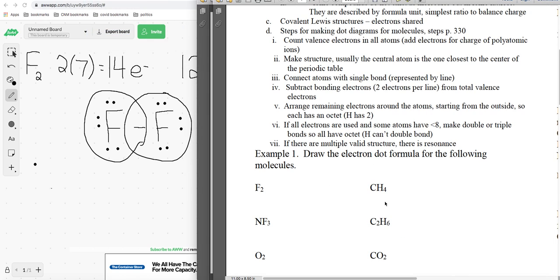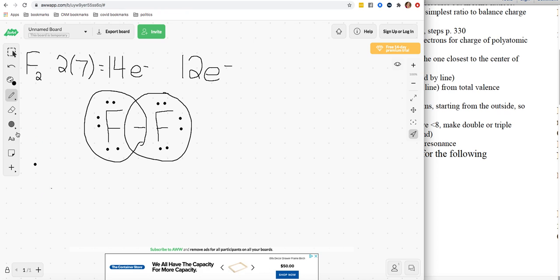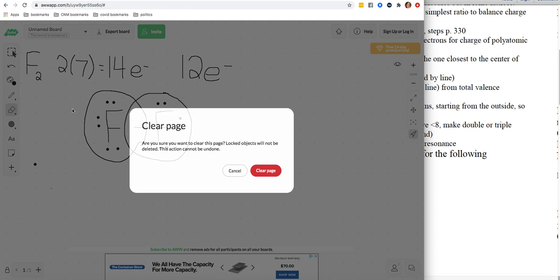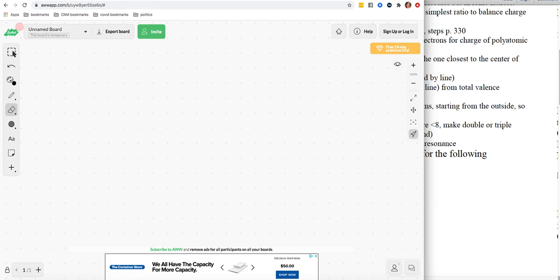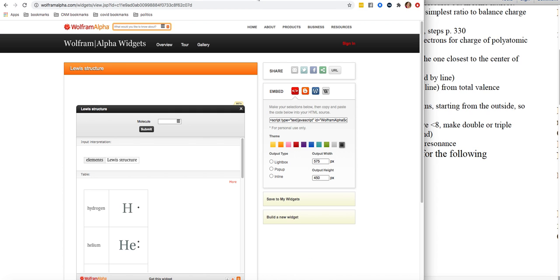We've got CH4. And so I'm going to clear the board and show that example. Oh, actually, I'm not yet. I'm going to show you one other thing first. And this is something that will calculate or produce the Lewis structure for you.